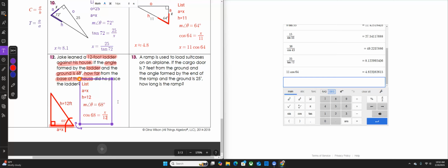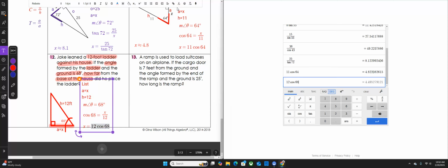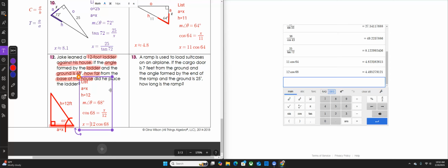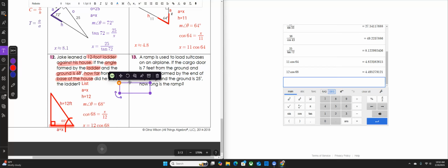Again, we see X is up high, so we can multiply. So X is equal to 12 times the cosine of 68 degrees. And that's going to give us approximately 4.5. And again, remember we're going to answer words with words.